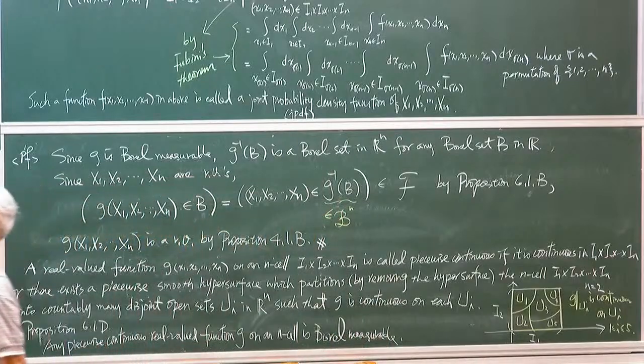Okay? So piecewise continuous functions give us a very wide, a very big class of data processing functions used in many different disciplines, and they are Borel measurable. So we can use piecewise continuous functions on N cells to do the data processing on N random variables.